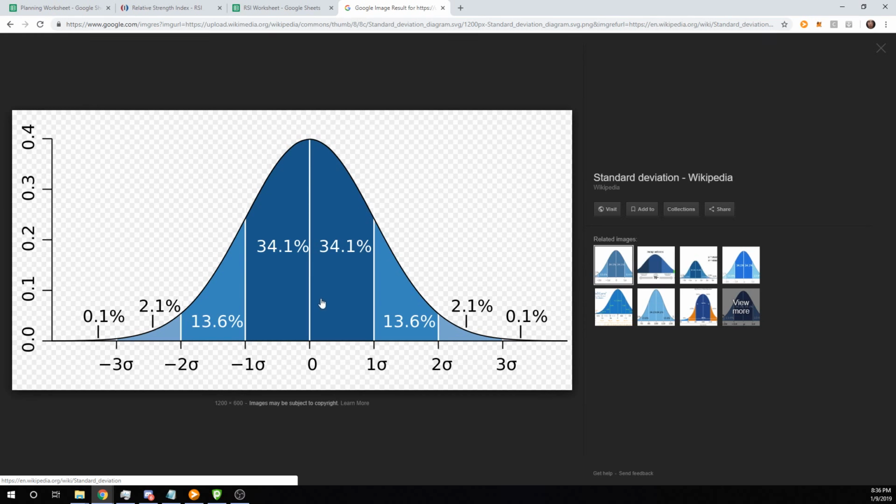A standard deviation is a percentage at which you expect something that follows a standard distribution to occur, right? 34.1% of the time, it's going to move in one standard deviation. 13.6% of the time, it's going to move within 2 standard deviations. 2.1% of the time, it's going to move within 3 standard deviations, and less than 0.1% of the time, it will move in 4 or more standard deviations, if the distribution is normal.